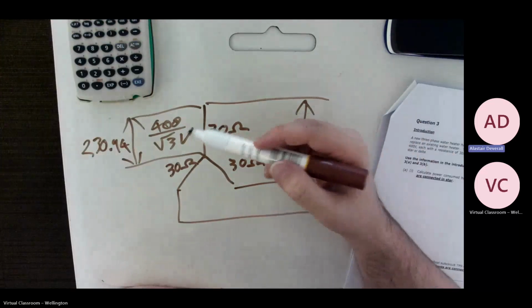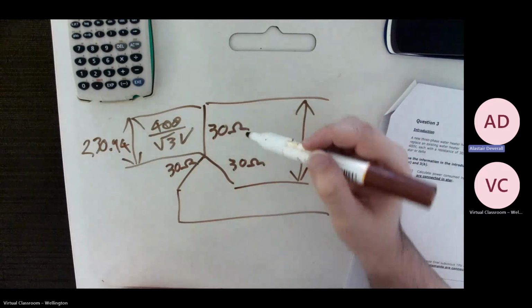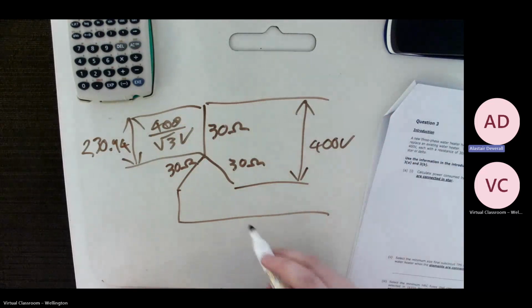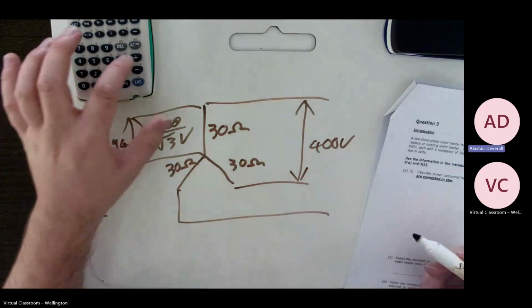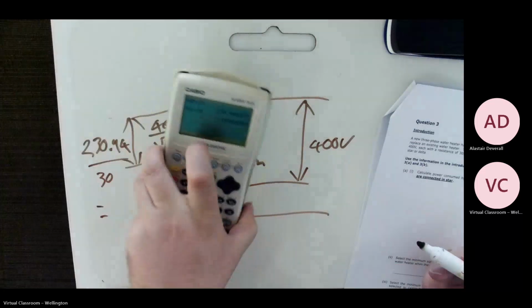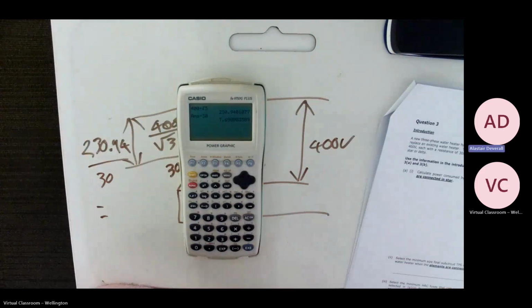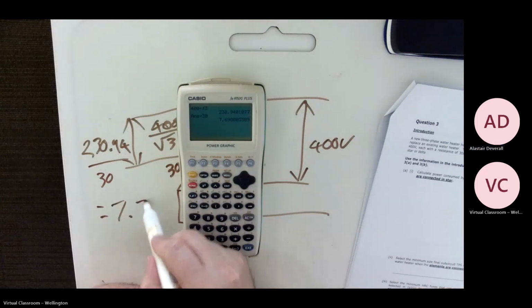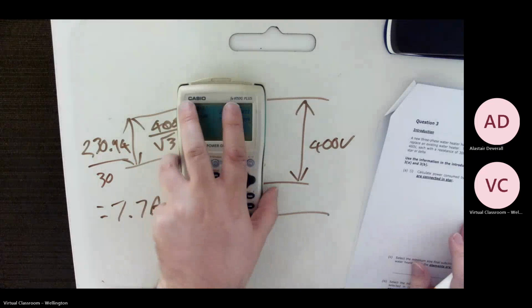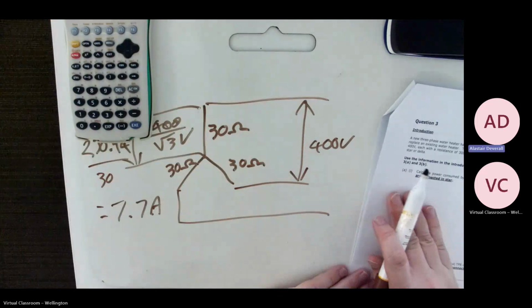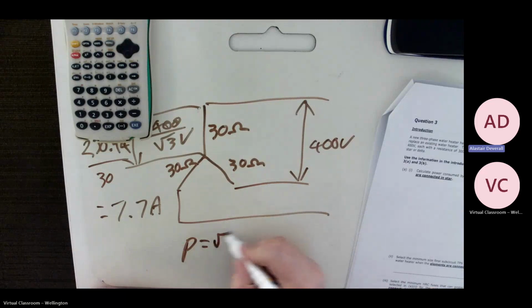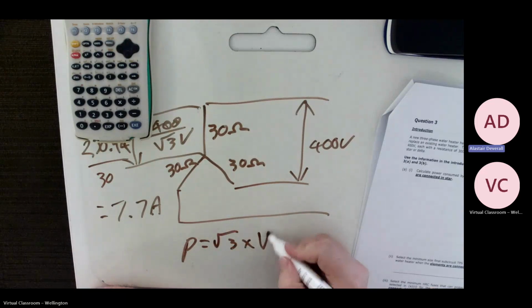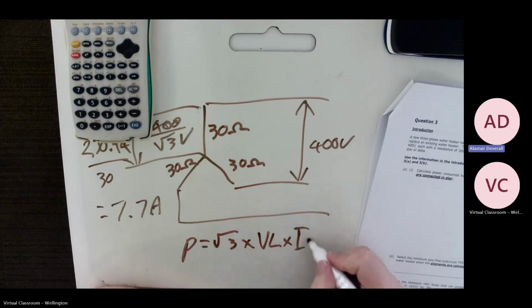Now, if we've got 230.94 volts across 30 ohms, we then get that divided by 30, and that equals 7.698, so 7.7 amps when rounding up. Now, they asked us for the power consumed. So power equals root 3 times V line times I line.